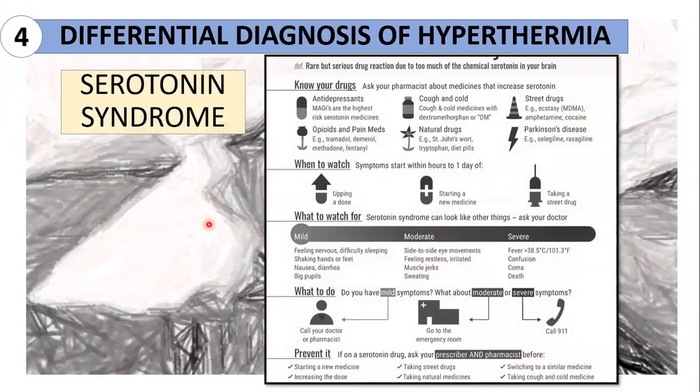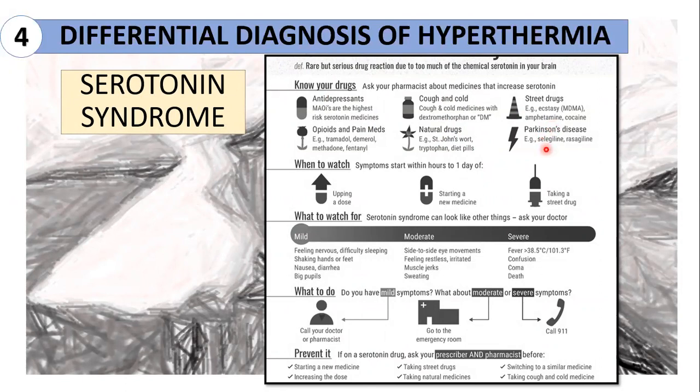And the closest differential would be serotonin syndrome, wherein there is serious drug reaction due to too much of the chemical serotonin in the brain. Okay? Drugs implicated in this are antidepressants, opioids and pain meds, cough and cold drugs with dextromethorphan, street drugs like ecstasy, natural drugs can cause it too, and drugs for treatment of Parkinson's disease like selegiline.